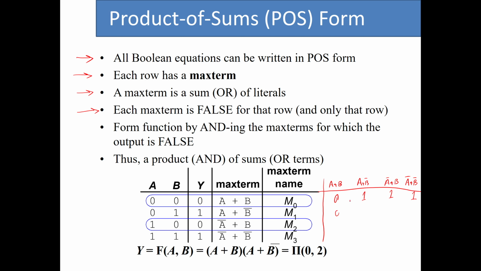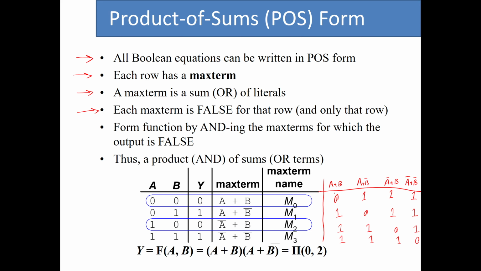So here we have 1, here we have 0, we have 1, we have 1, then we have 1 here, 1, 0, and 1, and then finally we have 1, 1, 1, and then 0.